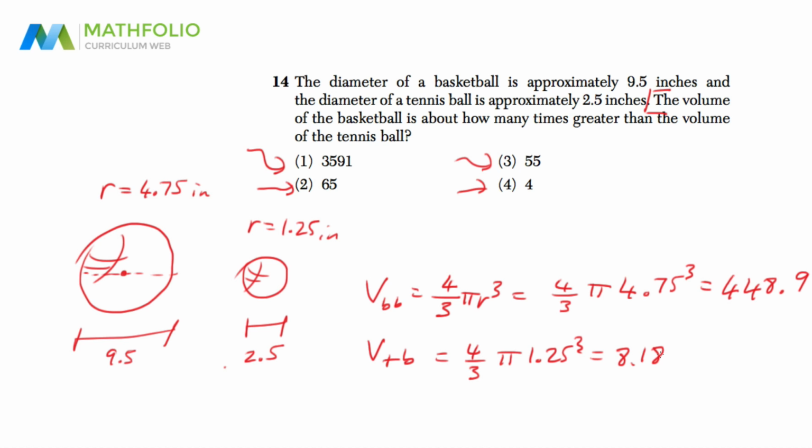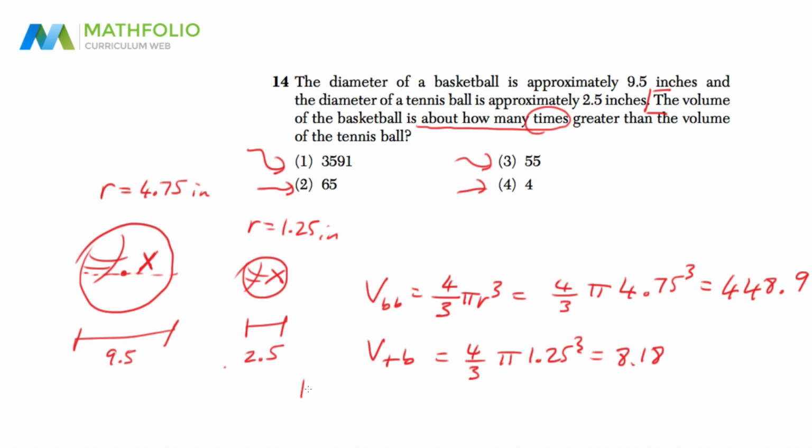So let's try this. 448.9 divided by 8.18. I get an answer of 54. So we're dividing because it says is about how many times greater. How many times greater is this basketball compared with this tennis ball? So how many of these could you fit in there?